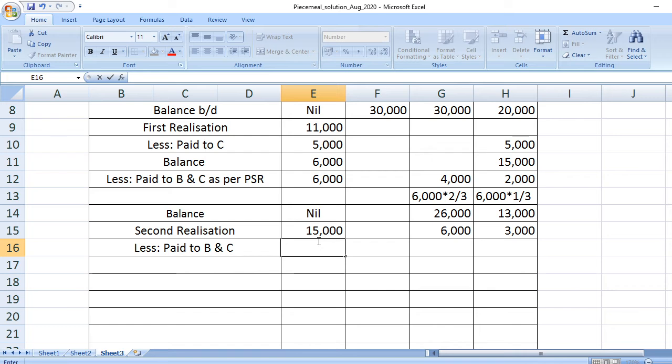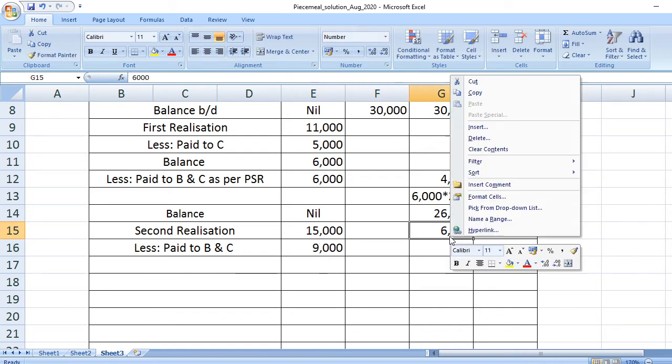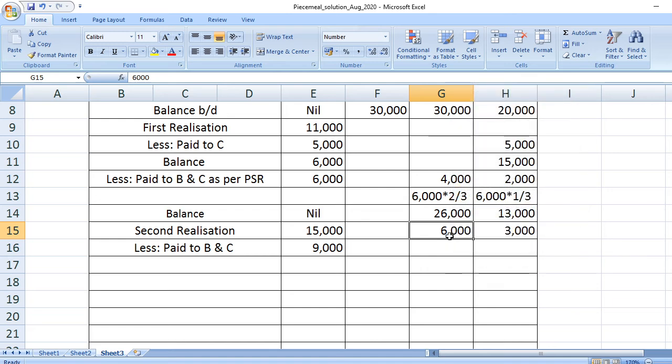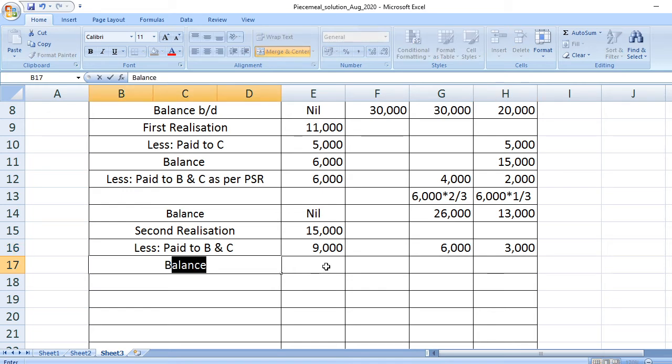How much amount? 9,000. So we will write here 6,000 and 3,000. So from this 9,000 they paid rupees 6,000 to B and rupees 3,000 to C. Okay, now balance available.